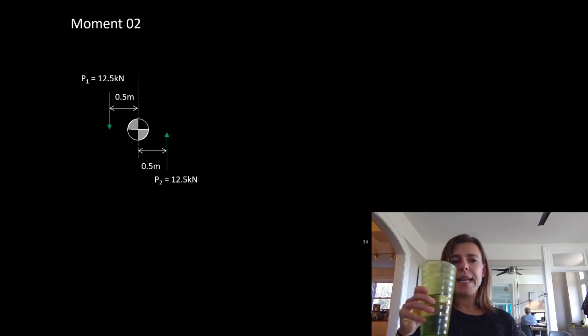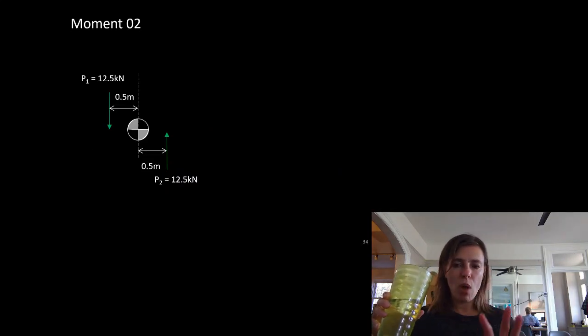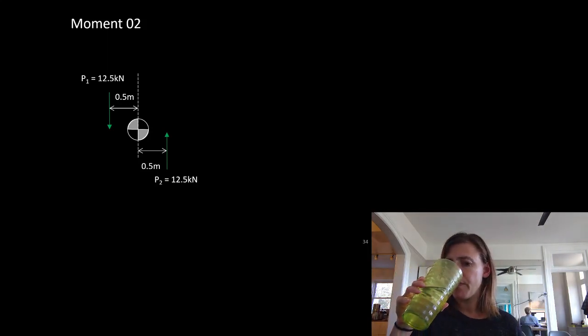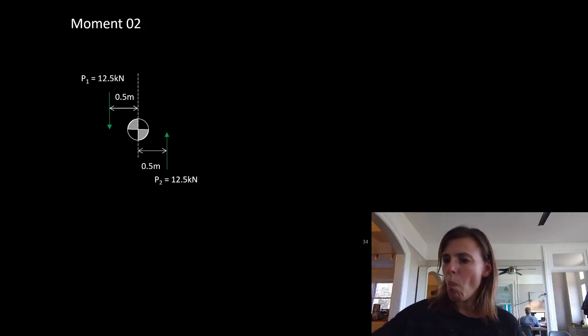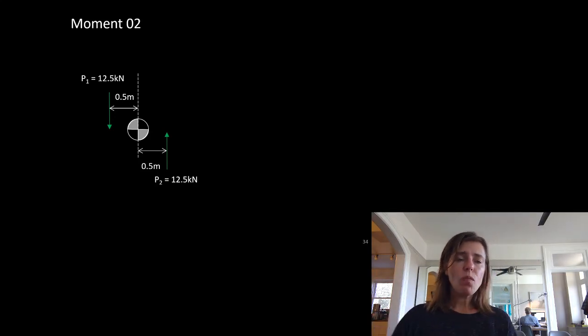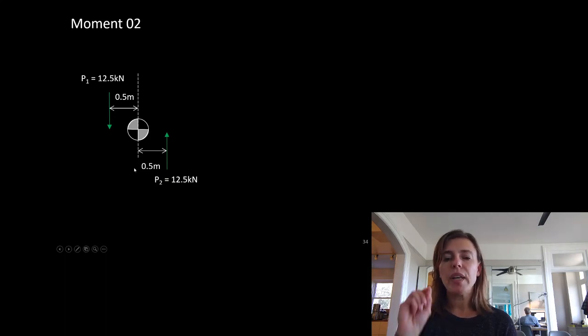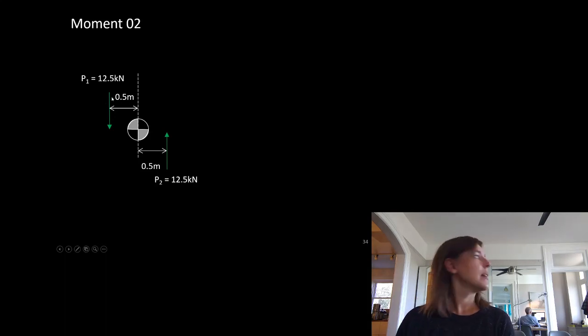So let's look at an example the same way. Again, this is just a quick small example, so I don't have it broken off in a video. If we have force 1 acting downwards at 12.5 kilonewtons, 0.5 meters away, and we have 12.5 kilonewtons acting upwards 0.5 meters away, let's take a look and see how each one causes this to move. This force tries to make the object spin in this direction.